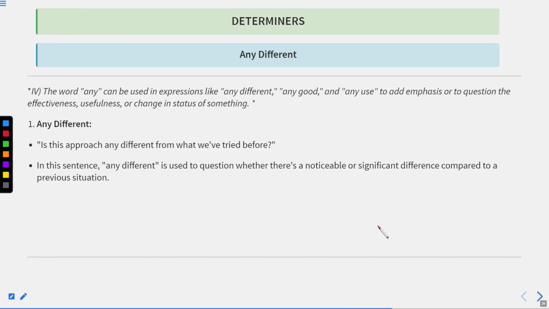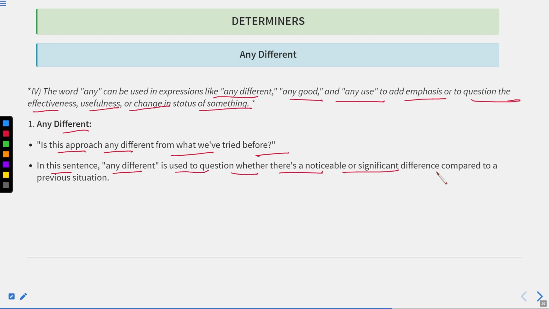Now, when we use the word any plus different, the word any can be used in expressions like any different, any good, any use, to add emphasis or to question the effectiveness, usefulness or change in the status of something. Any different: is this approach any different from what we have tried before? In this sentence, any different is used to question whether there is a noticeable or significant difference compared to a previous situation.